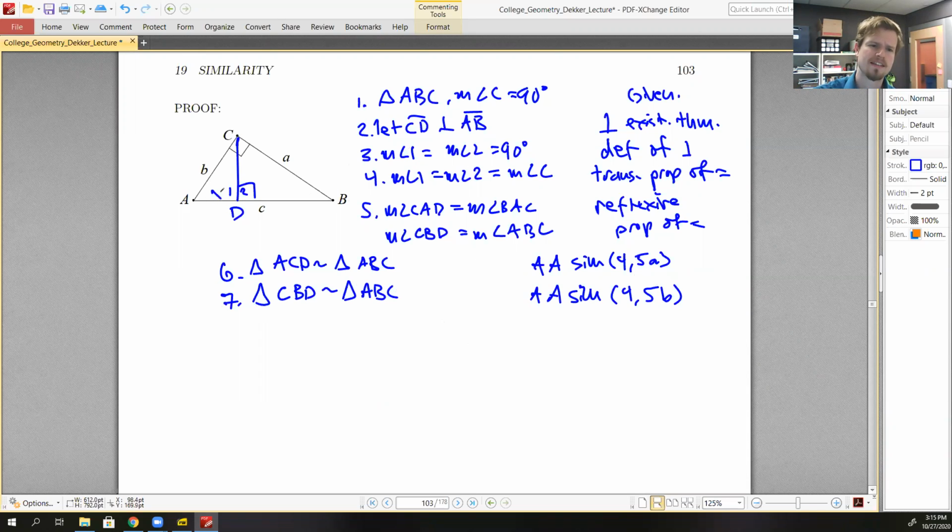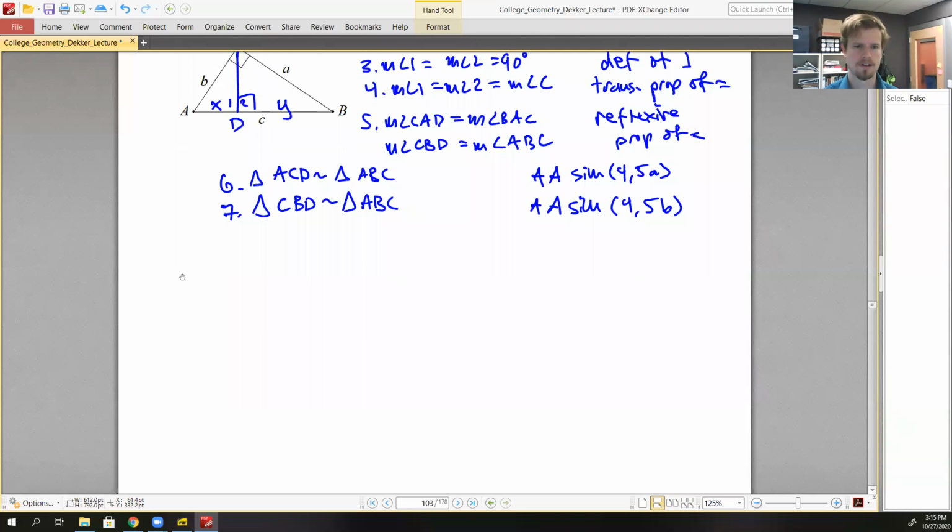Now, let's let this side length from A to D be X, and this side length from D to B be Y. All right.